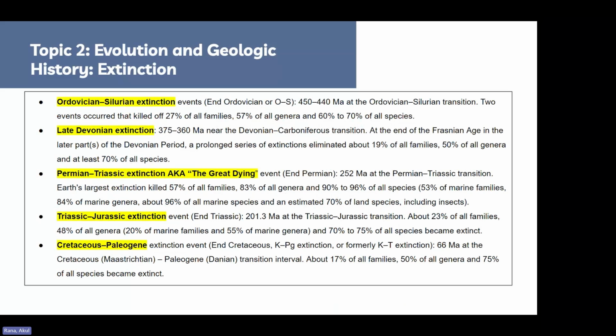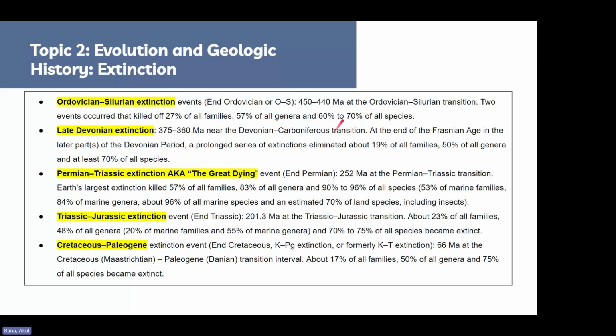We have five big major events, and these five here, the Ordovician, Silurian, Late Devonian, Permian, Triassic, Jurassic, and Cretaceous-Paleogene, also known as the KT extinction, are all pretty big mass dying events, and they come up pretty frequently, especially ranking percentages of what died.